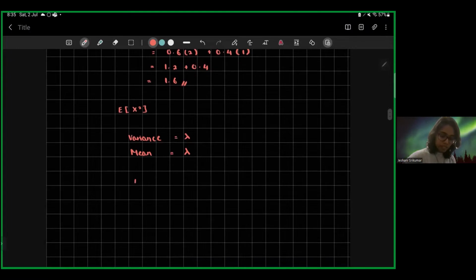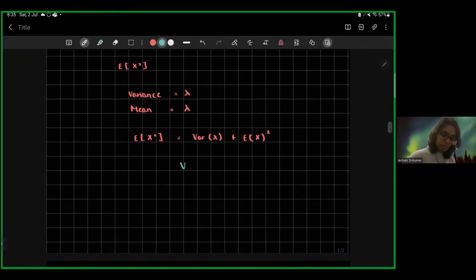So then E of X squared will be the variance plus the mean squared. Where do we get this from? Because variance of X is equal to the second moment minus the first moment, which is the mean squared. So when you rearrange the equation, we get this.